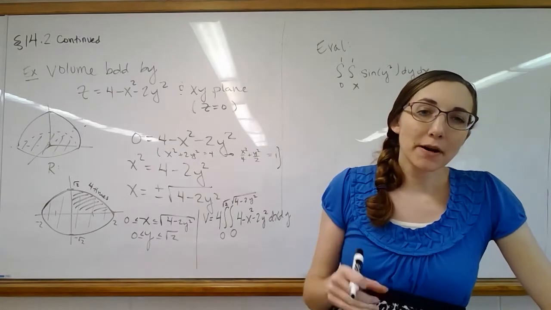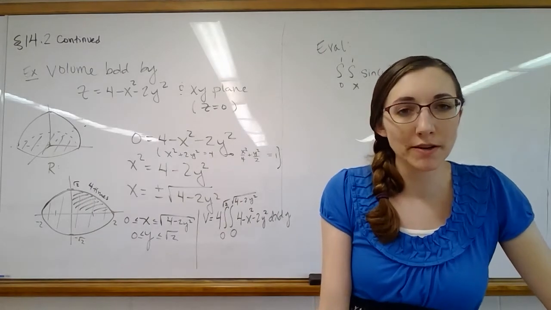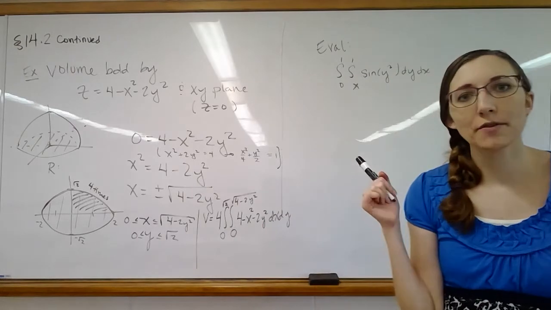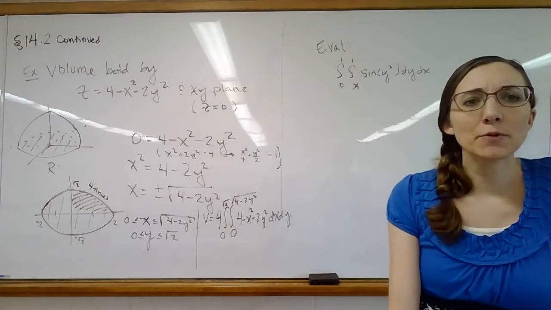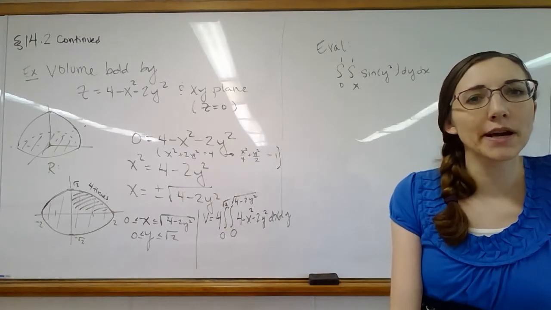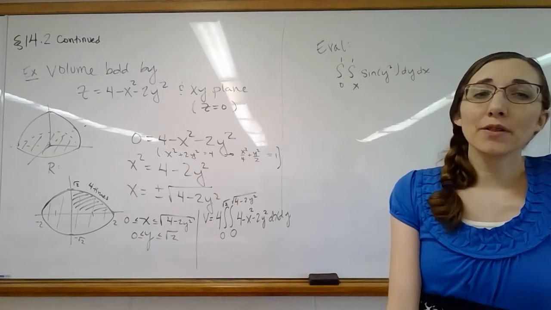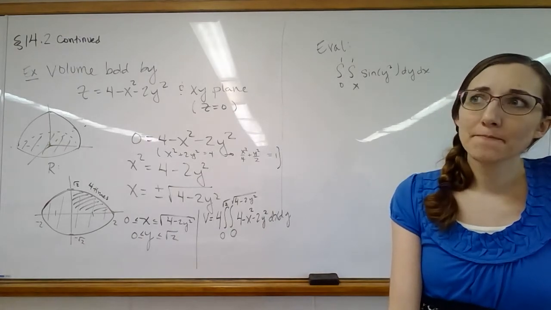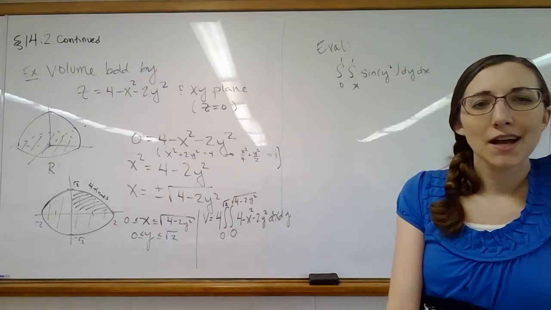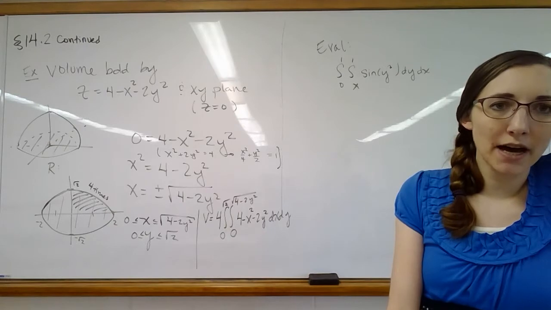The last example I want to take a peek at is, what if we're not necessarily computing volumes, but rather just trying to integrate something? So like we're trying to evaluate this double integral, and we notice that we run into an issue. Look at this double integral: when I try and do sine of y squared with respect to y, I run into the same problem that I did a couple examples ago, where there isn't an easy antiderivative for that.